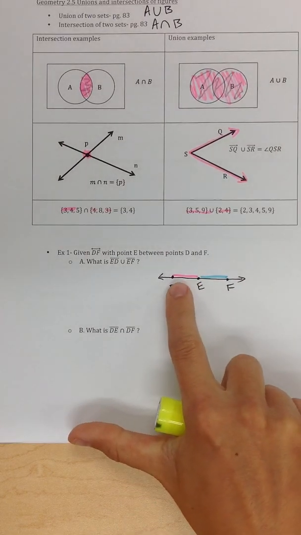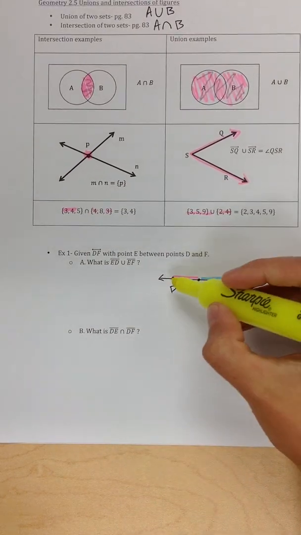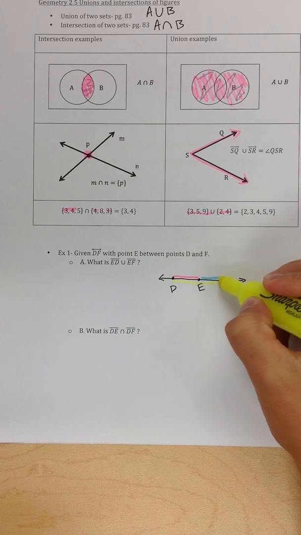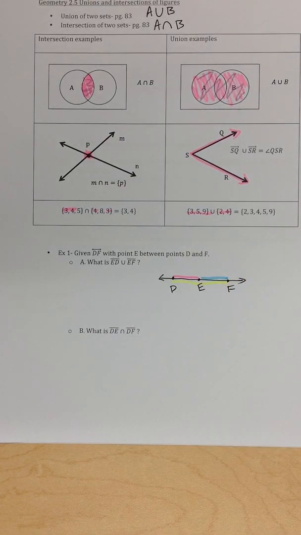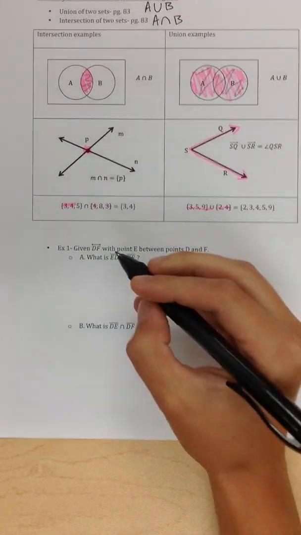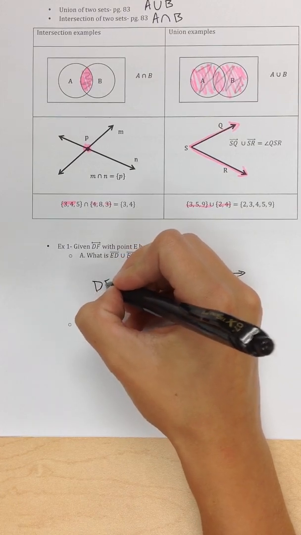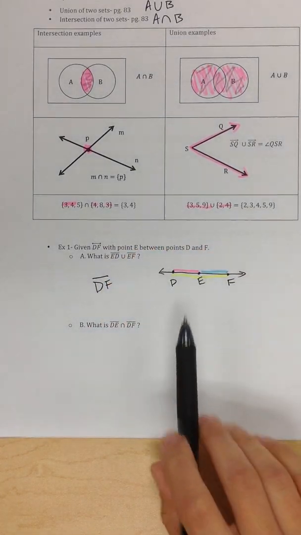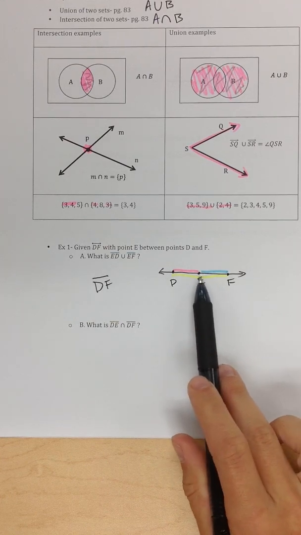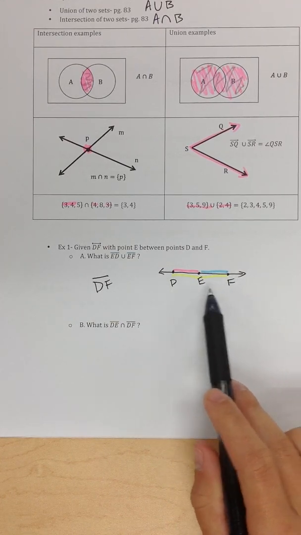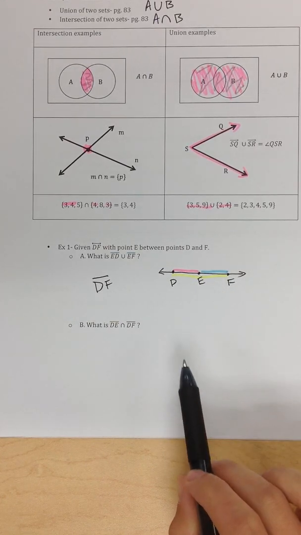So if I take everything in the pink and everything in the blue and combine them, I'm getting a bigger segment. My union of the pink set and the blue set would be the yellow set, the segment DF. That's including everything in the first part and everything in the second part, so all together it would be the segment DF.